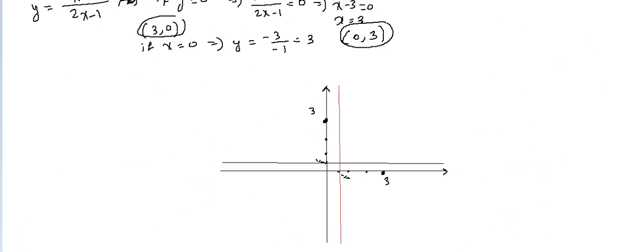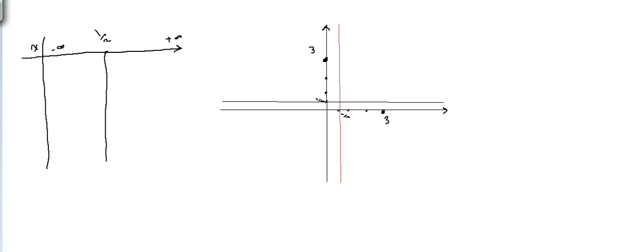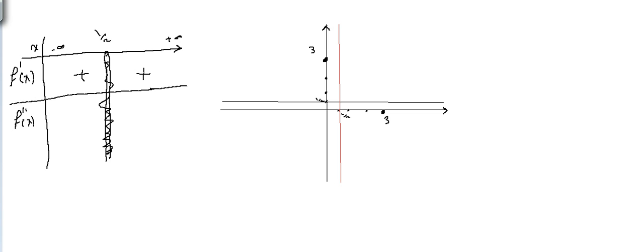I forgot to do it, so we can do it here beside us, because we need it beside what we're working on. X goes from minus infinity to plus infinity, and we don't have half, as you remember, because at half we have a vertical asymptote. Here is the derivative, which we found is strictly positive. And this is the second derivative.